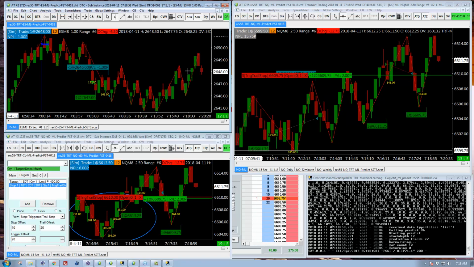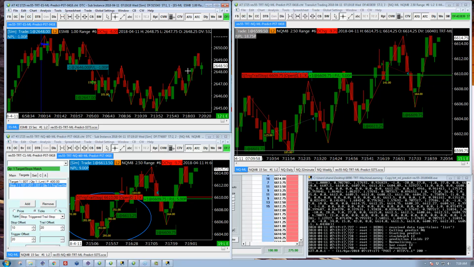So instead of 30 ticks represents success, or 60 ticks represents success, the amount that represents success to the machine as it learns will change based upon either the average daily range or based upon the overnight range, which is something that I use.